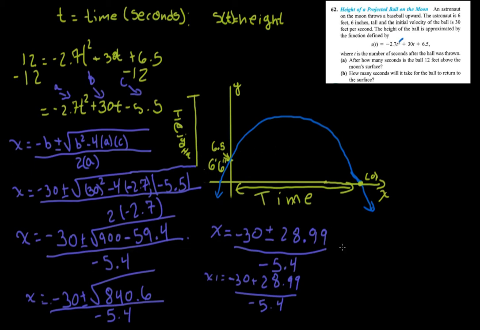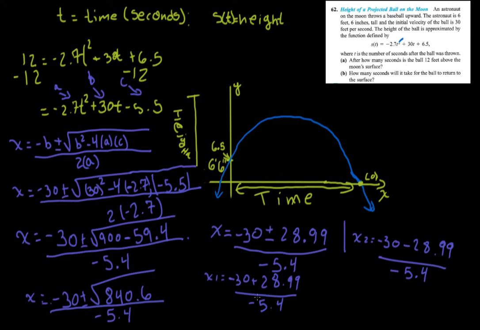To make sure of that, I'm going to actually do the x2, which will be negative 30 minus 28.99, all of that divided by negative 5.4, and you can see that you will get a positive number here, and actually here too, right?